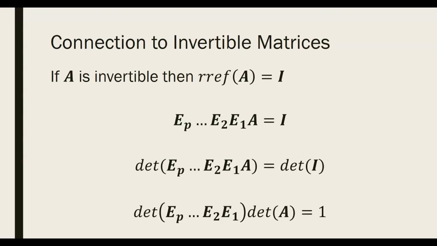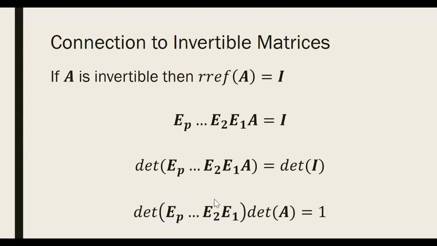Now, here's what I said earlier. All of these elementary matrices have non-zero determinants. So when I take the determinant of all the products, the only thing it can't be is 0. So it's going to be a real number, and it is going to be non-zero.